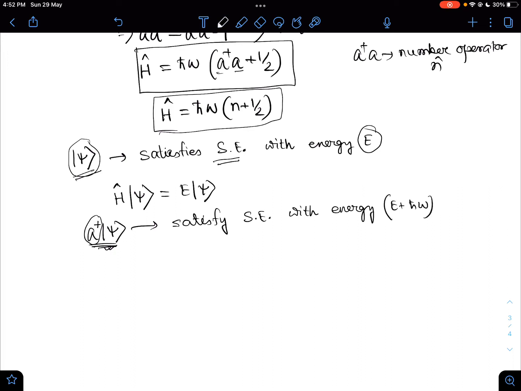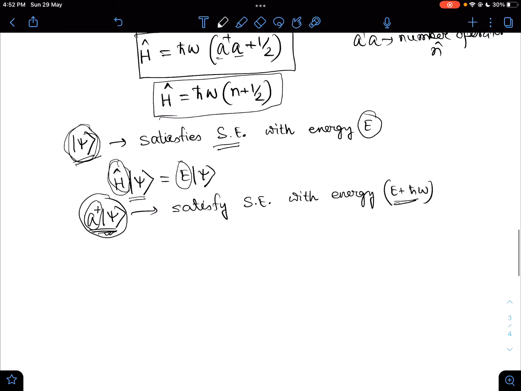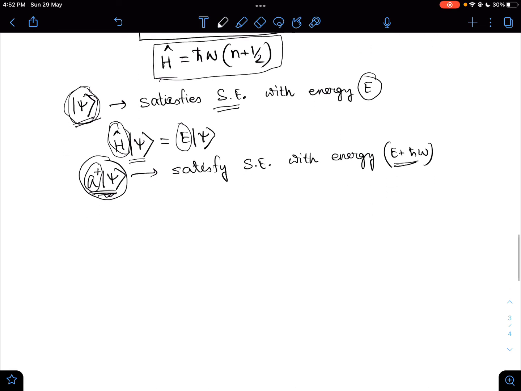So this is our claim. The claim is that if psi is an eigenstate of the Hamiltonian with eigenvalue E, then A Dagger psi will also be an eigenstate of the Hamiltonian but with energy value E plus h cut omega. So let us prove this.